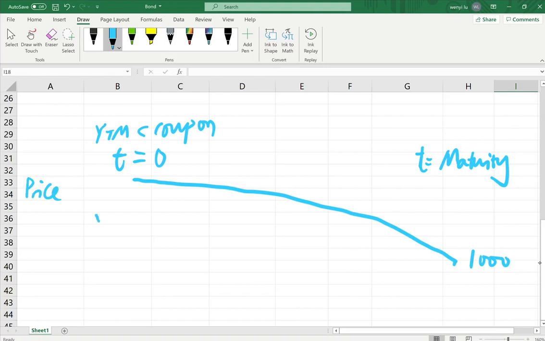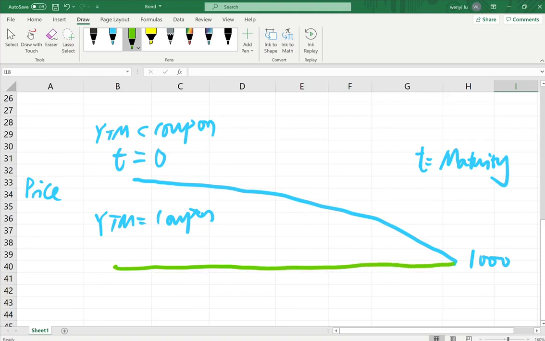If the yield to maturity equals the coupon rate, what happens? Then our bond price is always trading at $1,000, from time zero to maturity.